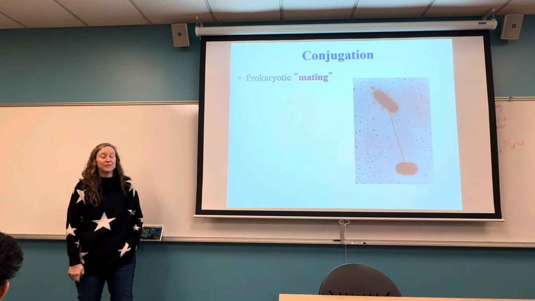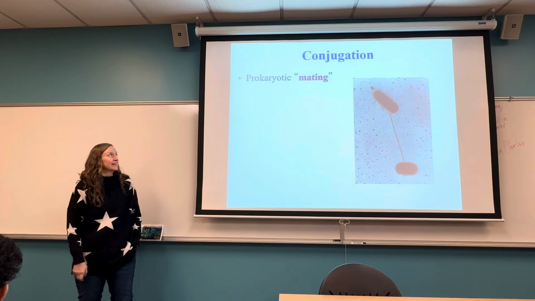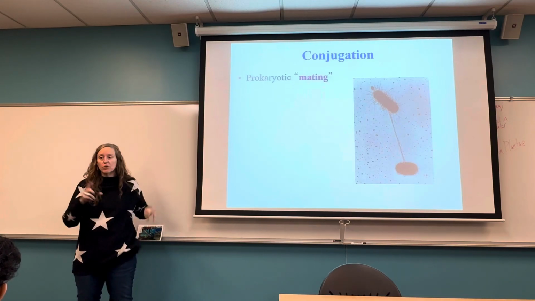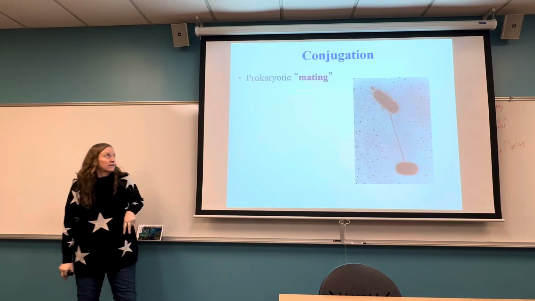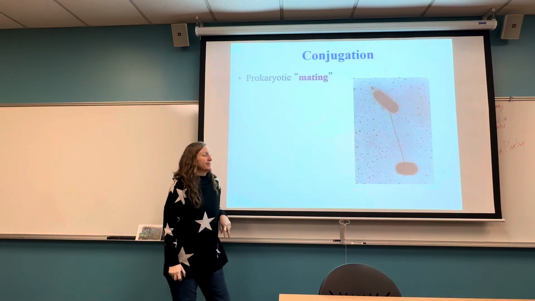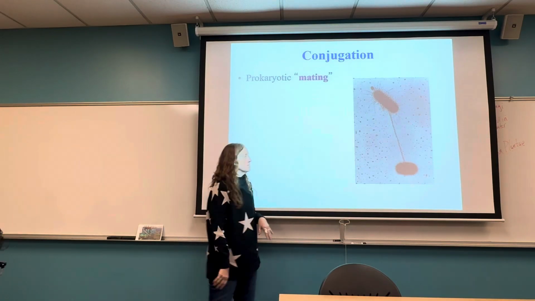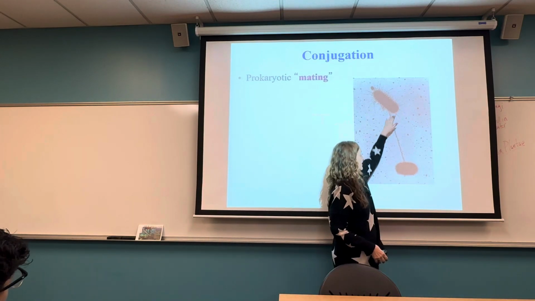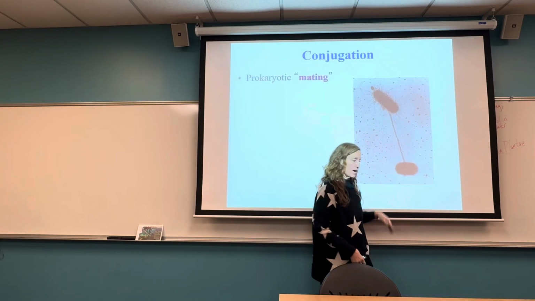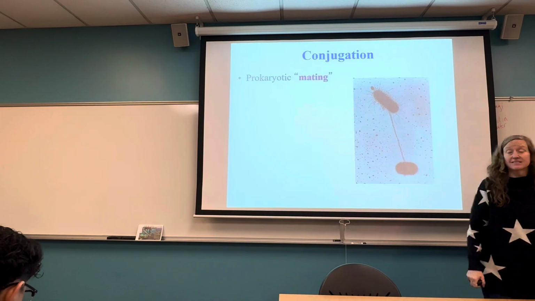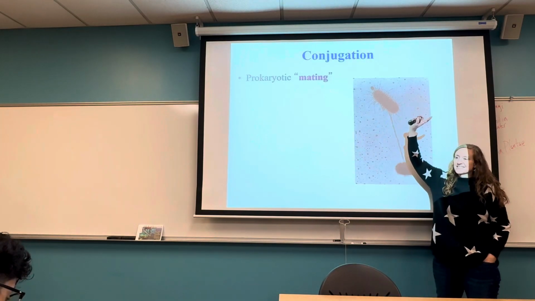Okay, so how they do it. It's called conjugation. And here I say prokaryotic, I have in quotes, mating, meaning it's kind of like mating, it's an analogy. But it's not truly mating. Mating means that you use sperm and egg to make a new organism. But what happens is that these two bacilli bacteria, these rod-shaped bacteria here, are not the same species. You can see this one has all these fuzzy things on them.